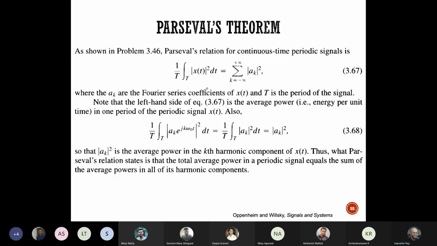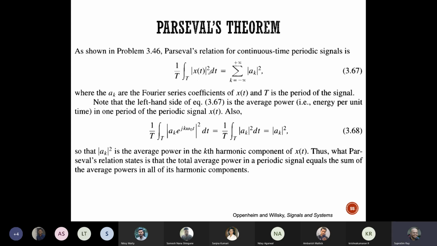Now, it turns out you can think of x(t) squared, the mod squared, like the energy of the signal. So the left hand side is the average power in one period of the periodic signal. This whole integral is the energy of the signal over one period.